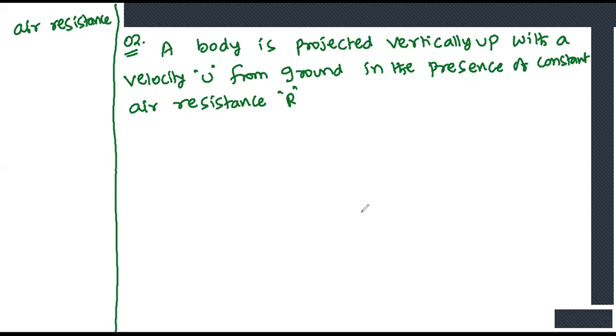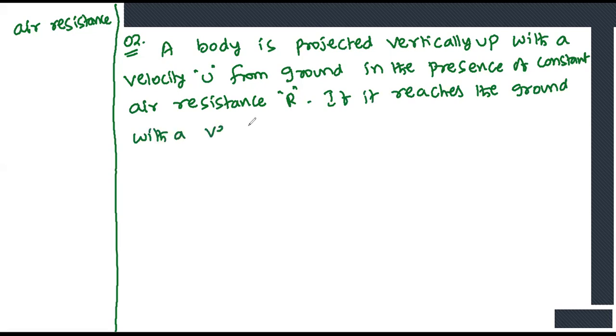If it reaches the ground with a velocity v, then suppose height of ascent equal to height of descent.